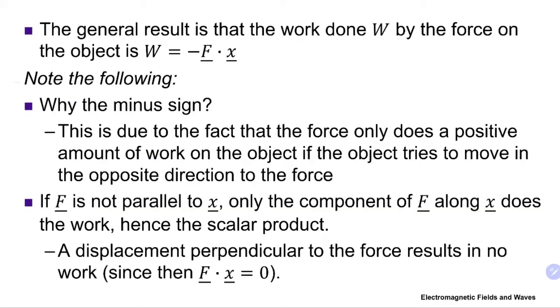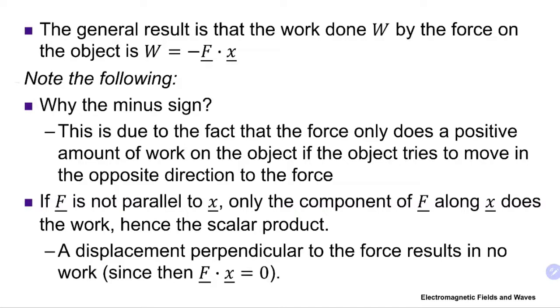The general result is that the work done W by the force on the object is W equals minus F dot x. Okay, so this is the dot product of two vectors. We know that force is a vector and that x is the displacement, how much you move the object in a particular direction.